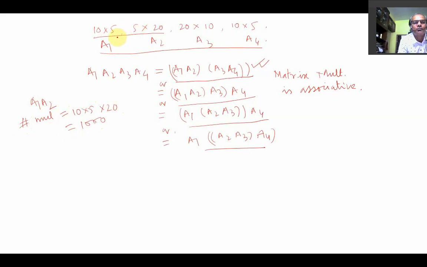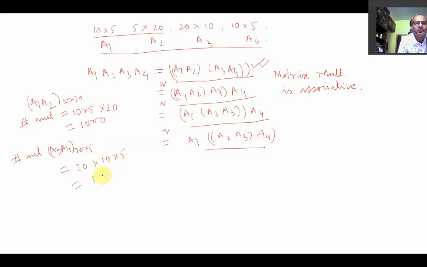Just take a small example, then the number of multiplications for matrix multiplication will be visible. Here it is compatible. And after getting this, the order of this matrix is 10 into 20, right? Now for A3 A4, the number of multiplications, where A3 is 20 into 10 and A4 is 10 into 5, is 20 into 10 into 5, right?